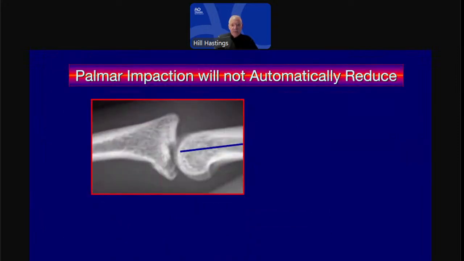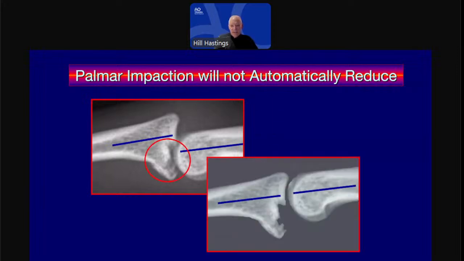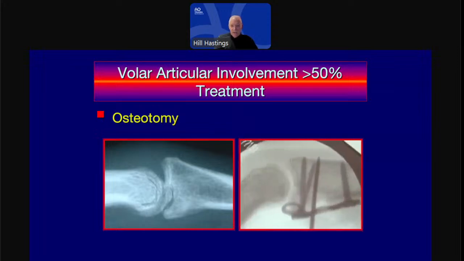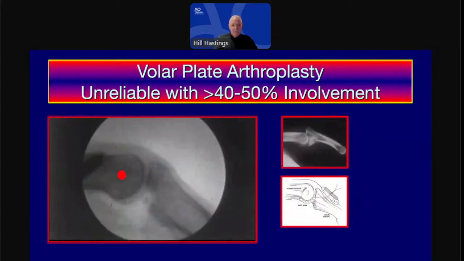Sometimes the palmar impaction reduces and sometimes it doesn't. Sometimes you can tease it with an intra-articular K-wire through the canal. And in late cases, Norm Zemel from LA described osteotomies where someone has healed in a bad position, and you can osteotomize and bring back that volar piece, restoring the concavity to the joint.